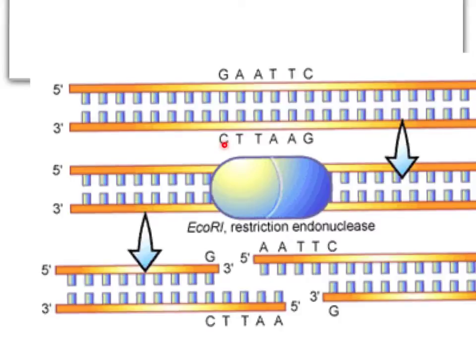So it will cut at that particular site, and so it's cut here and here, which has created this staggered cut here, and which creates these sticky ends, which are single-stranded bits of DNA that stick out the end here. So that's what a restriction enzyme does.